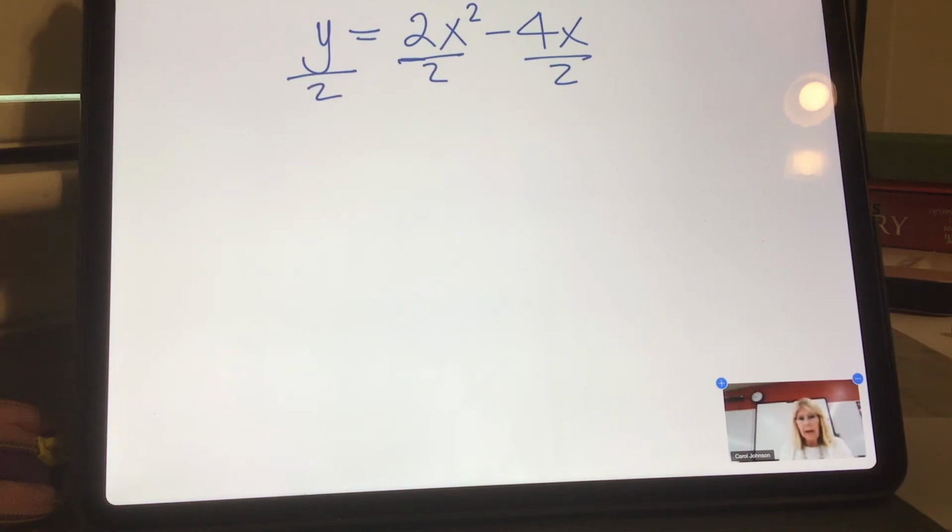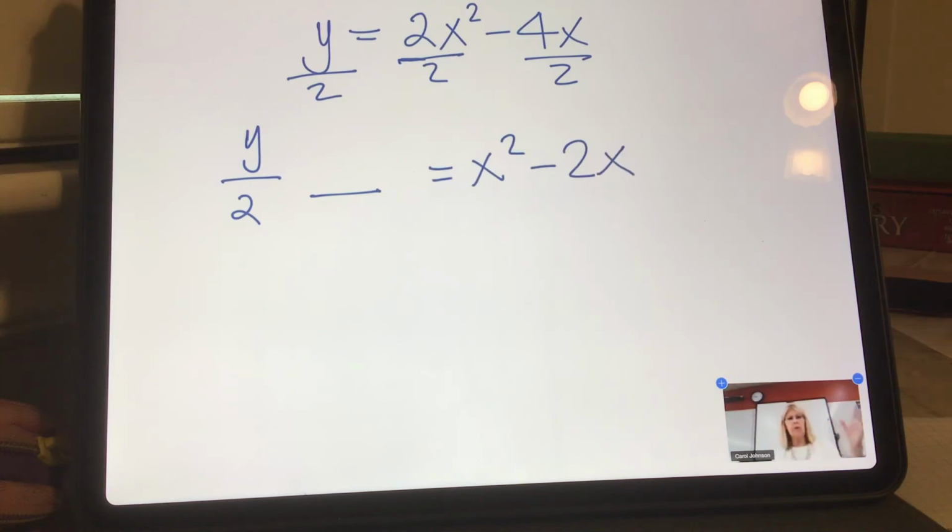So it doesn't go away on the left-hand side, notice, it stays there because you're not dividing 0 by 2, you're taking y and dividing it by 2. So you have y over 2 equal to x squared minus 2x because there's no constant term to move to the other side. Typically, if there was a c term, I'd move it to the other side.